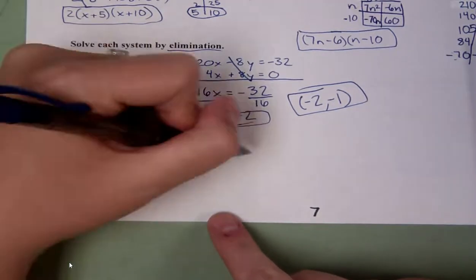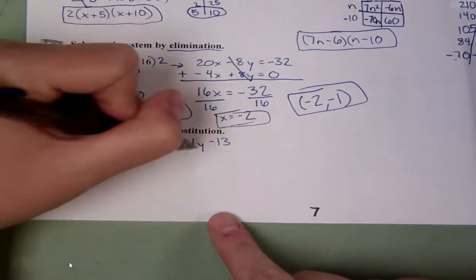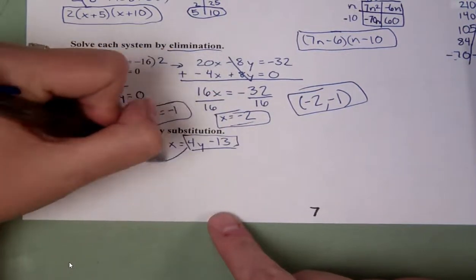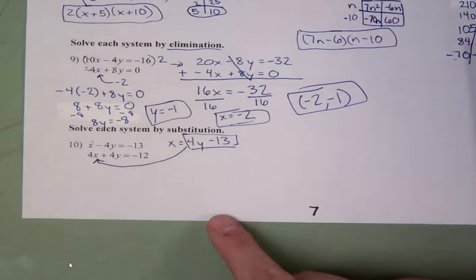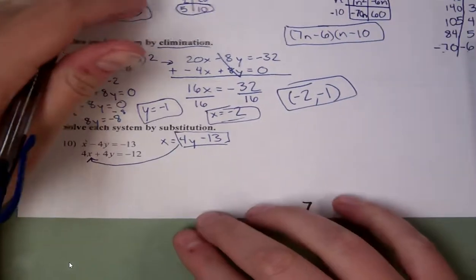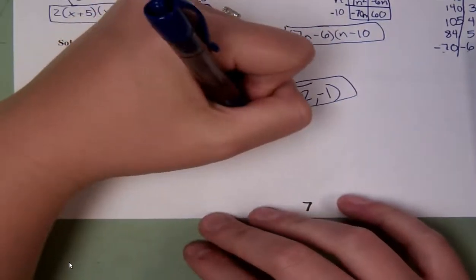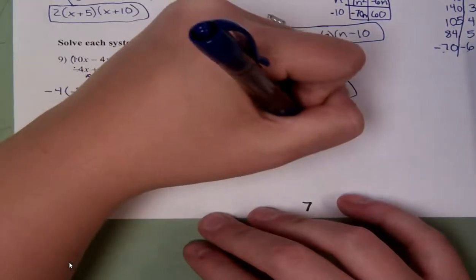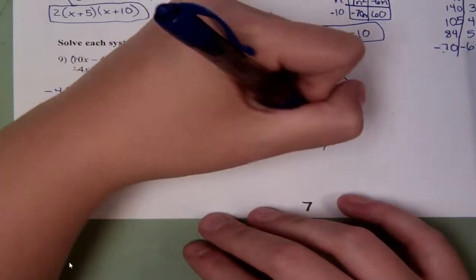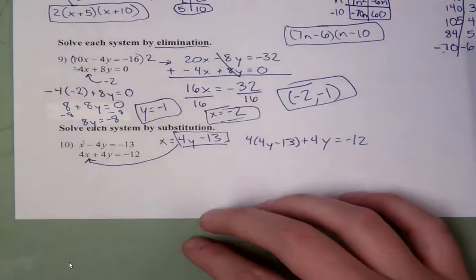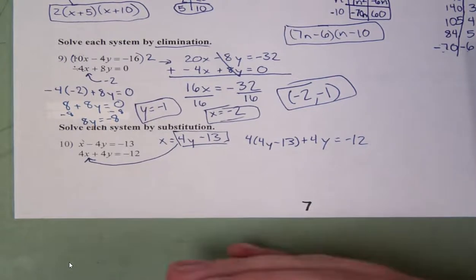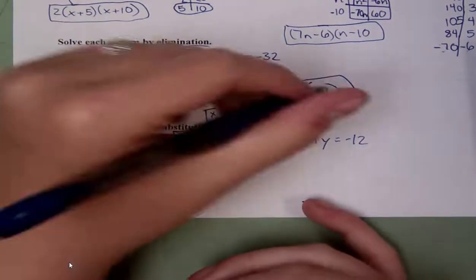And then instead of writing x in this equation down here, I want to substitute 4y minus 13. That looks like this: 4 times 4y minus 13 plus 4y equals negative 12. Notice what happened. The x disappeared. So now all I have is y's, and it's just simple algebra to solve.